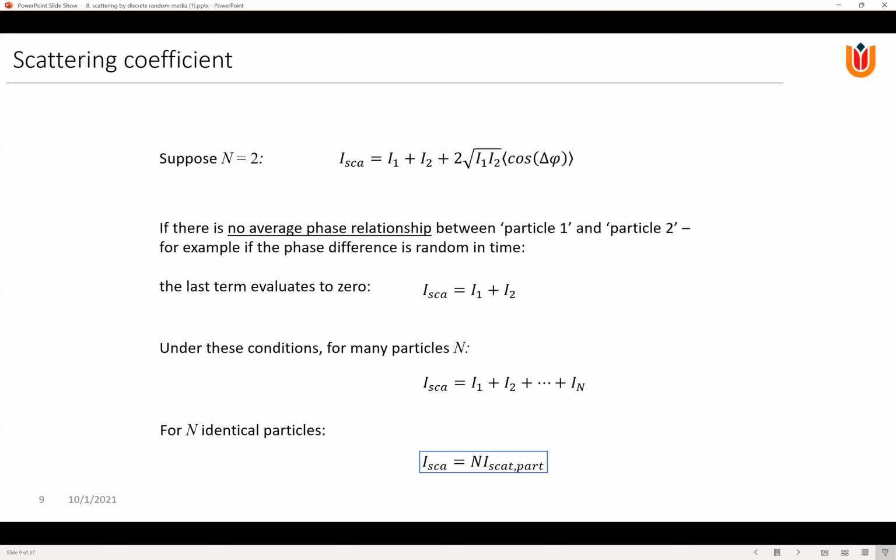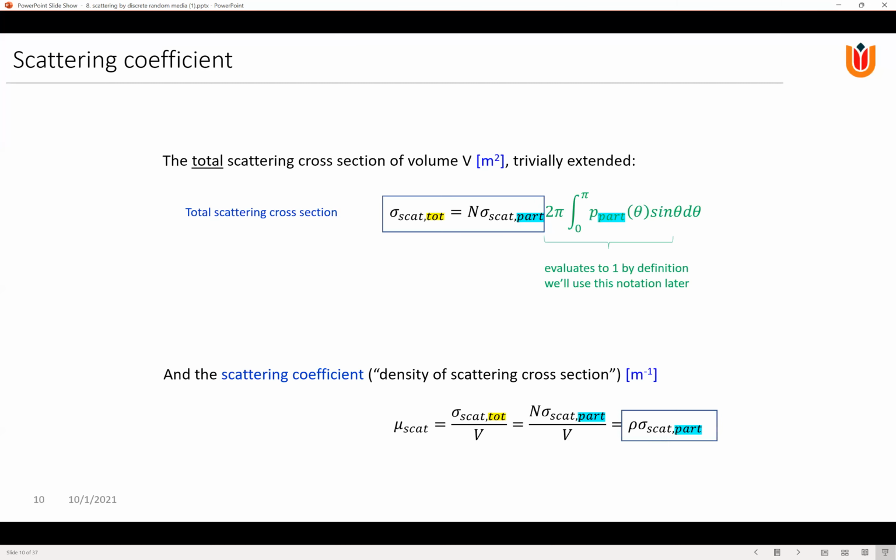So the total scattered intensity on the left-hand side would be just n times the scattered intensity of a single particle, if the particles are identical. So we can manipulate a little bit with that new knowledge.